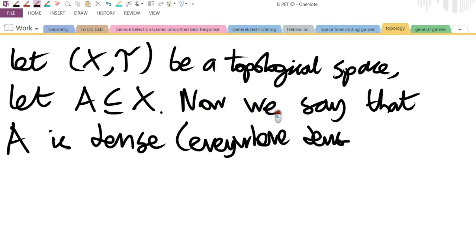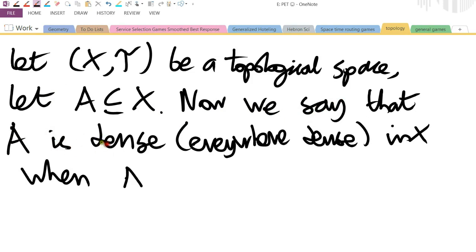These are two terms that mean the same thing. We say A is dense in X when the closure of A equals X itself. So we say that a set is dense in X when, if we take the closure of that set, we get X.